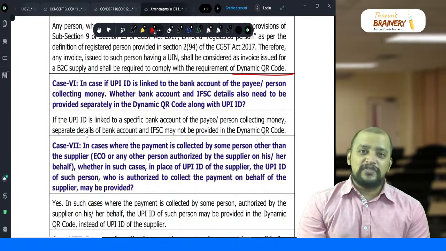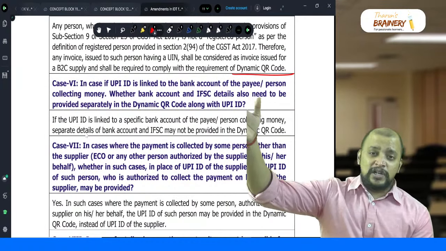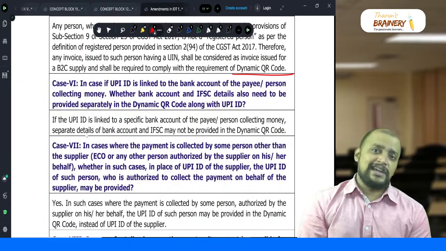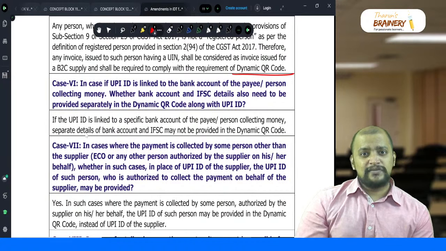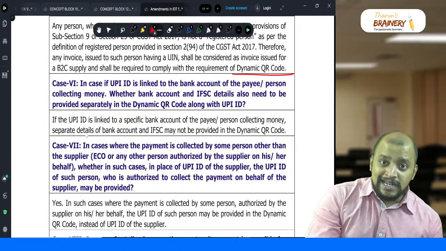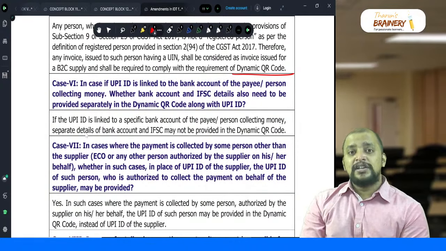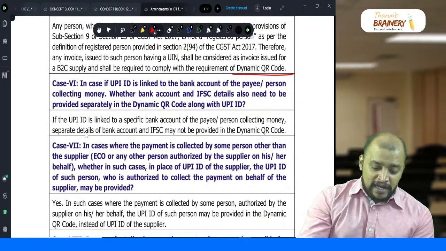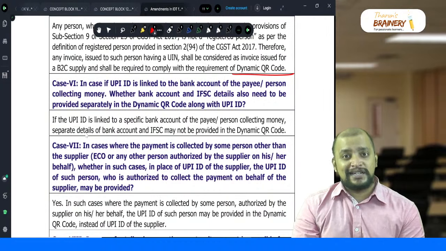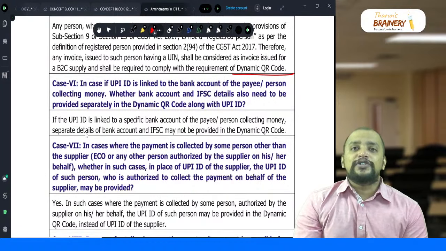It will be at YBL, because they will have some connection with Yes Bank Limited, or OKICICI or OK Axis. That means my UPI ID and the bank account are not connected. So then I need to give both my bank account as well as my UPI ID. Suppose my bank account and UPI ID are connected, and my bank is itself giving the UPI, then in that case, no need to enter the bank account.